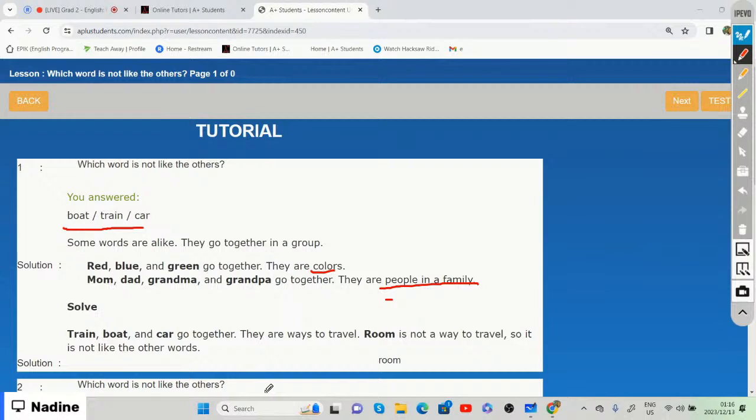One being on the water, one being on railway transport, and a car which is on the road. So basically, all three are forms of transport. So they are related because they are forms of transport.